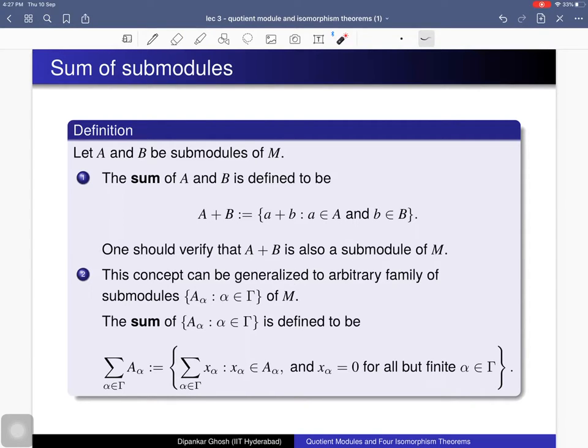So except for finitely many alpha, all x alpha are 0. And again you can verify that this is a non-empty subset of M, and this is closed under addition as well as scalar multiplication, and we call it the sum of this family of submodules.